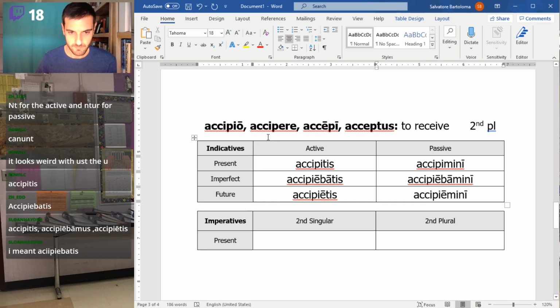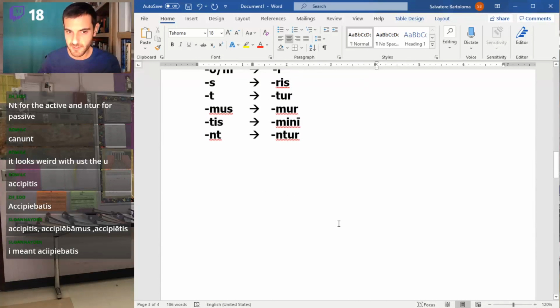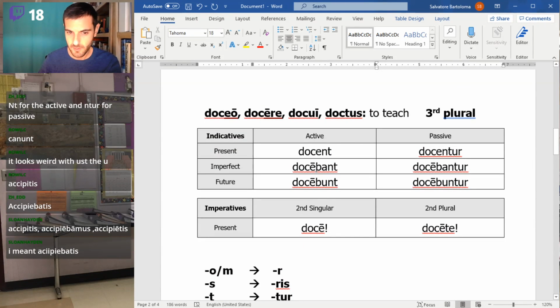All good, Sloan. I know what you meant. One of the things to remember too, if you're going from imperfect to future, you're doing one of two things, right? For first and second conjugation up here, you're changing the BA to Bobby Boo. That's one way to go from imperfect to future.